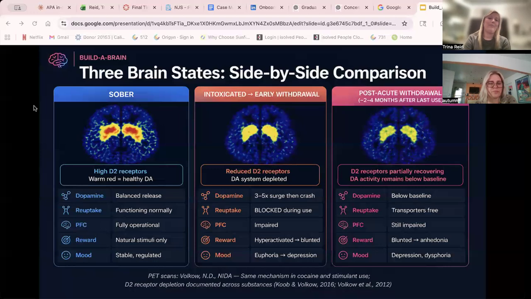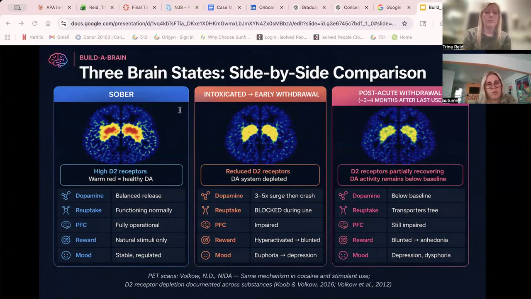All right, here we're going to do this side-by-side comparison of the three states. We have from left to right the sober brain, moving into intoxicated and weaning into early withdrawal, and then post-acute withdrawal, which, to clarify, is 2 to 4 months after last use in this image.